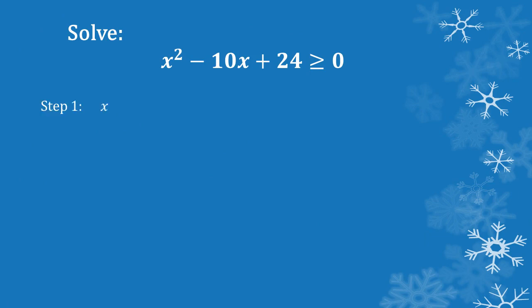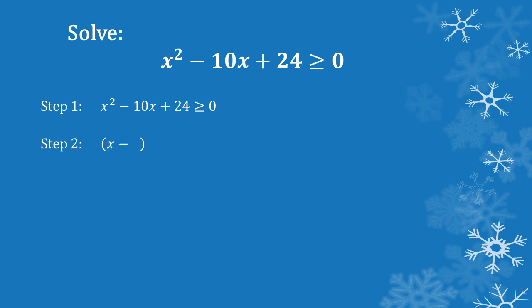So we'll have example 1, which is solve x squared minus 10x plus 24 greater than or equal to 0. Using step 1, since it is already combined on one side, we have x squared minus 10x plus 24 greater than or equal to 0.